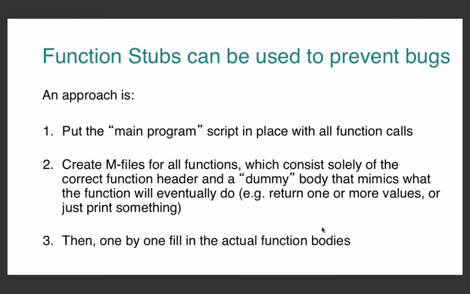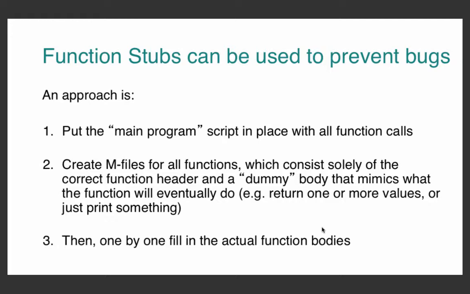Function stubs are analogous to this sketching process. You sketch out the general idea of your program without programming all the logic in it, and then you have an idea of the general structure of your program, how it all fits together, and then you can start painting, or filling in the gaps.